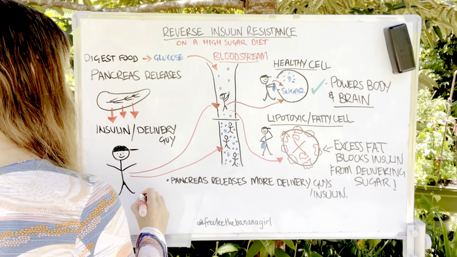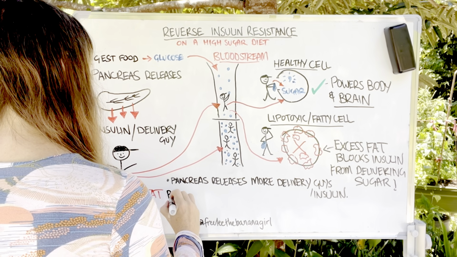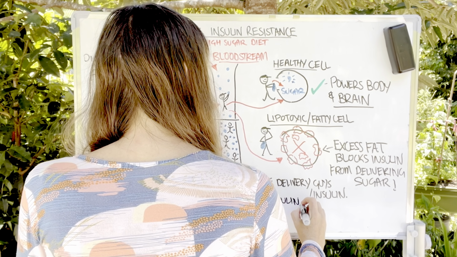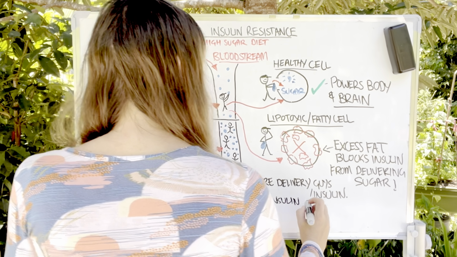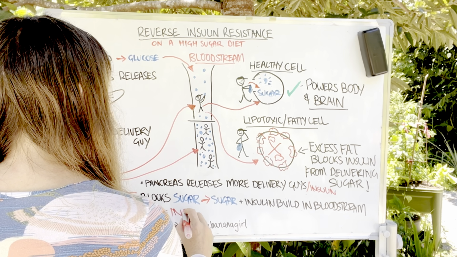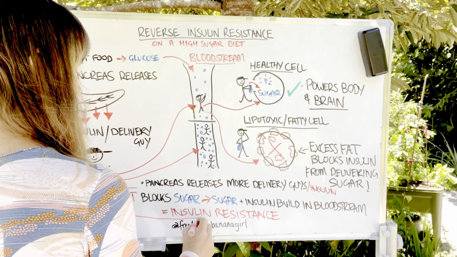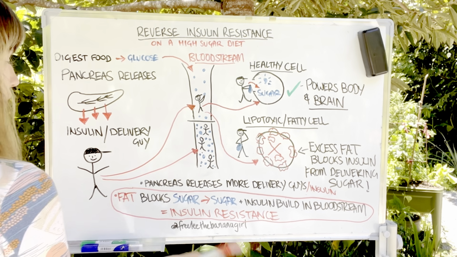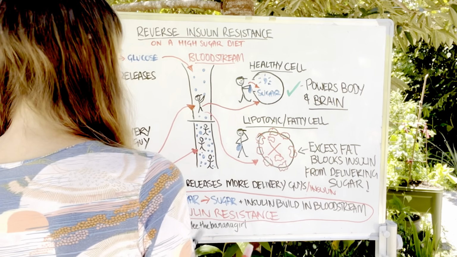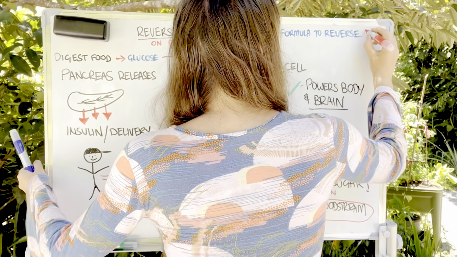So just to be clear, fat blocks sugar, and sugar plus insulin build up in the bloodstream, back up in the bloodstream. And this equals insulin resistance. This is the big issue right here. It's not the sugar's fault, it is the fat's fault, and I'm going to give you my magic formula to reverse insulin resistance, IR, or insulin resistance.